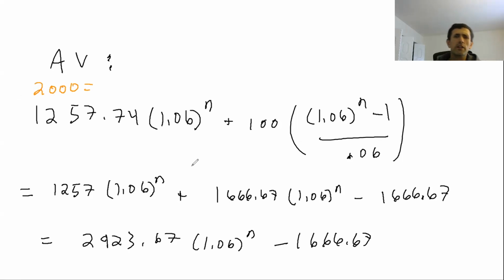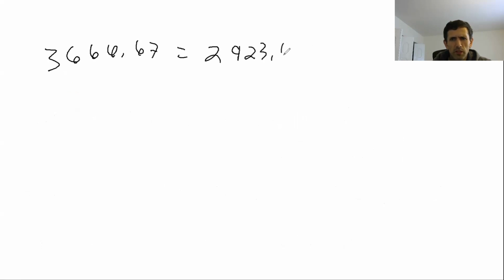So we're trying to find when this has at least 2,000. Like we did before, we set this to be 2,000, solve for n, and round up, and we'll check our answer as a sanity check. Add this amount to both sides and you get 3,666.67 equals 2923.67 times 1.06 to the n.